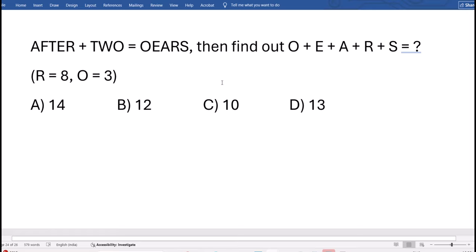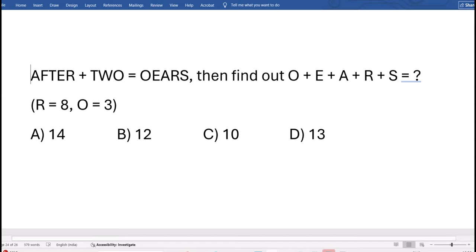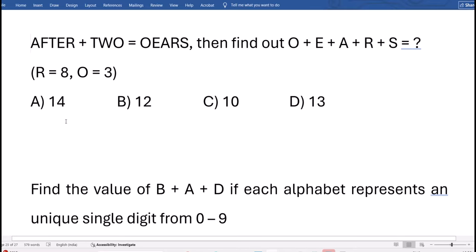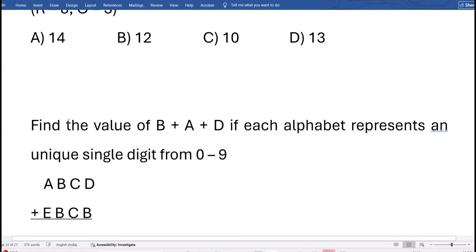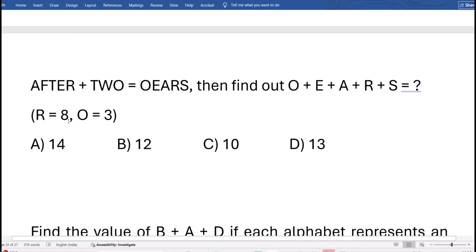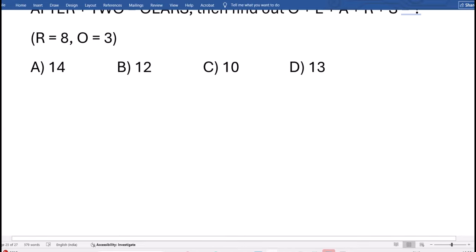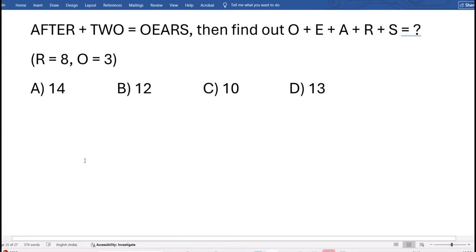I think this you can solve. After plus 2 equal to OE, OS. So what is the value of this? R value 8, O value 3 is already given.